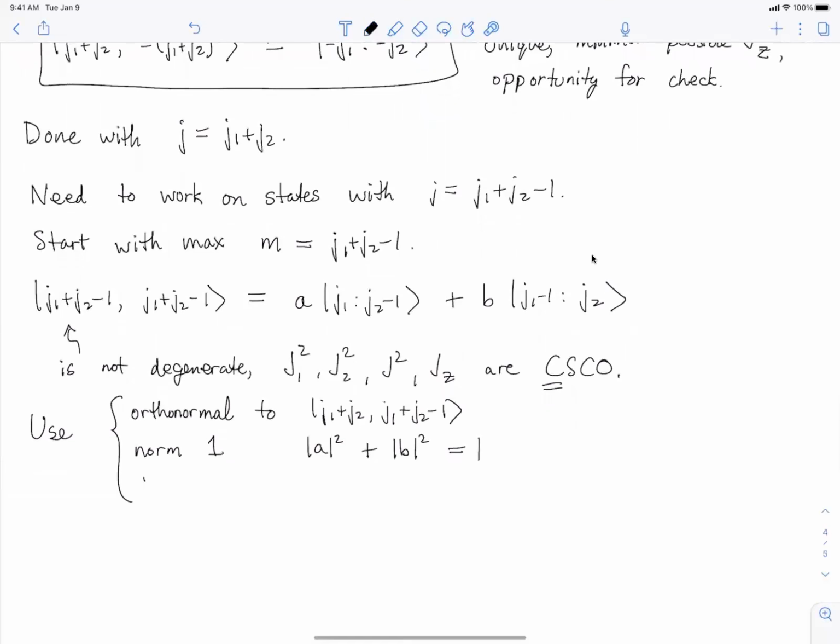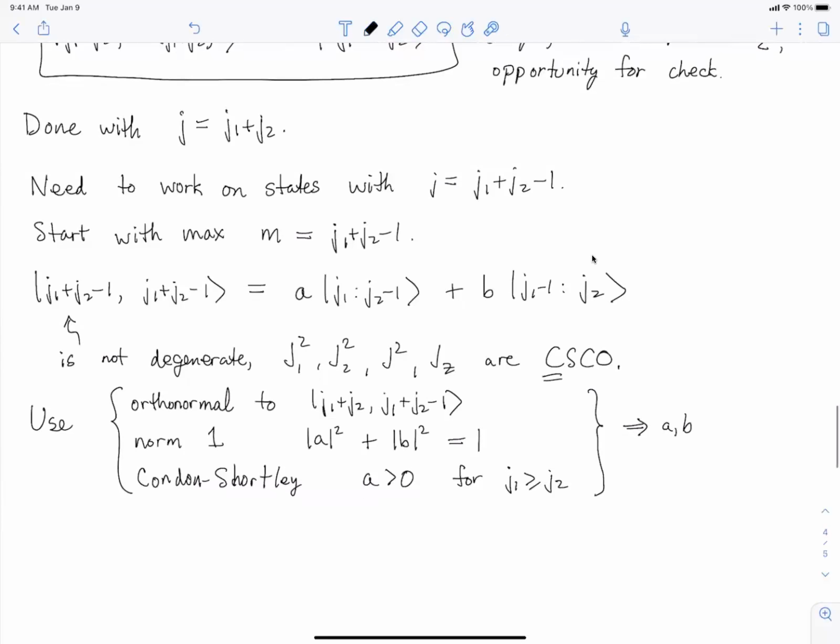And so the other thing we use is the Condon-Shortley convention. So the Condon-Shortley convention says that A you choose to be positive. So you do that. Remember, we assumed that J1 was greater than or equal to J2. If J1 happens to be equal to J2, then they're the same. So you just pick one of them. It doesn't matter which. Okay, so those pieces of information are going to give you A and B. You can solve for them both. Okay, and so now you've determined, in general, what this state is.